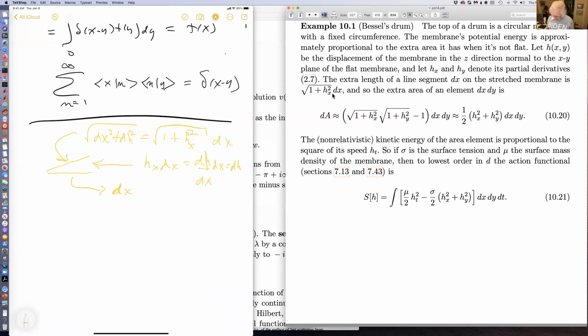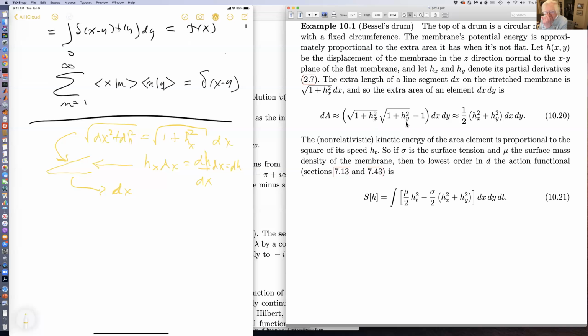And so the extra area, and it's hard to draw that in 2 dimensions, but you just repeat the square root formula in the y direction, and you subtract 1. And then, assuming that the displacements are very small, you get a half of h sub x squared plus h sub y squared, dx dy.